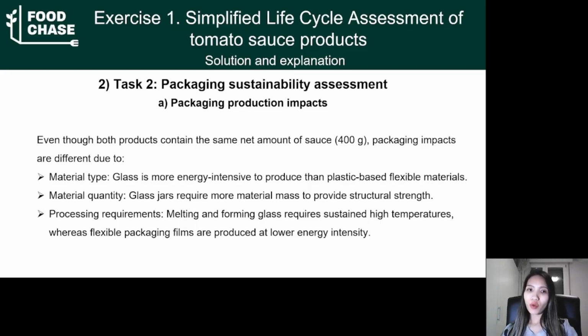About the material quantity, the glass jar requires more material mass to provide rigid structural strength, and the production of glass, in particular the melting and forming, requires sustained high temperature. Flexible packaging films, on the other hand, are produced at lower energy intensity.